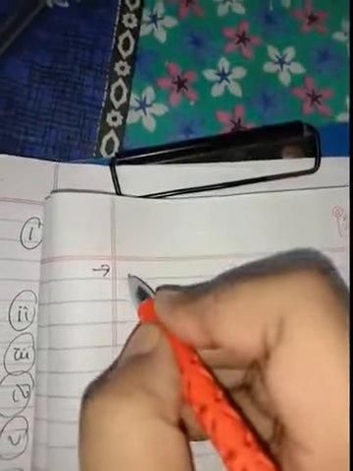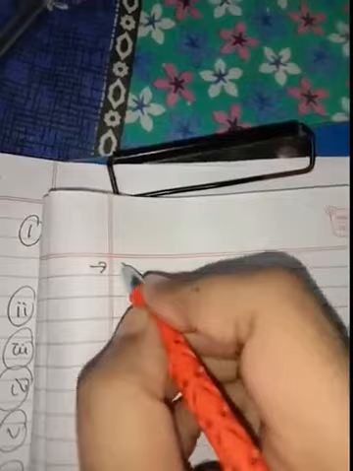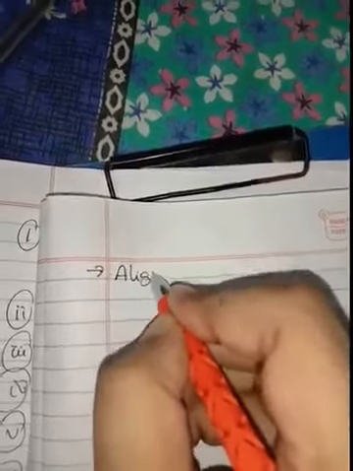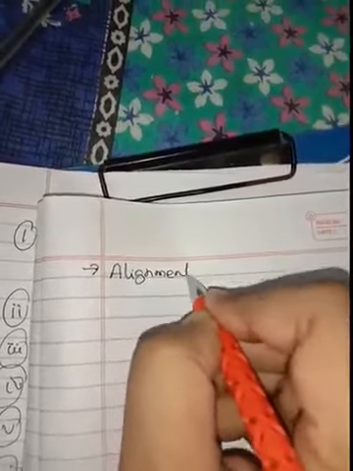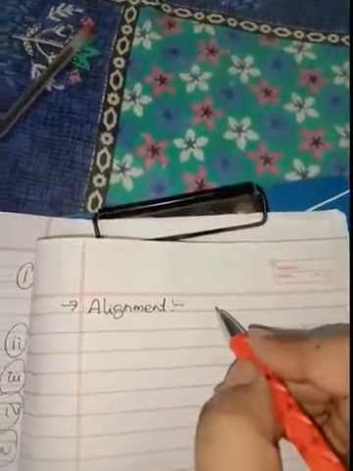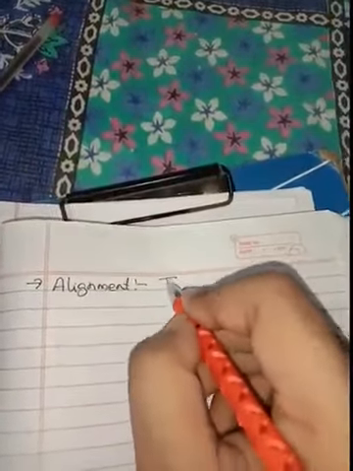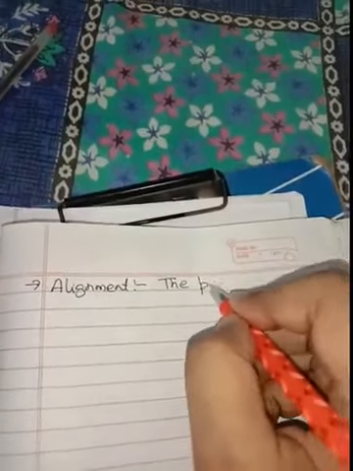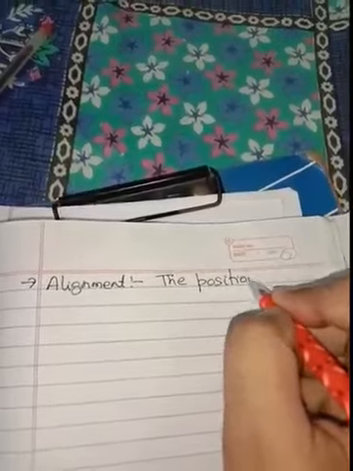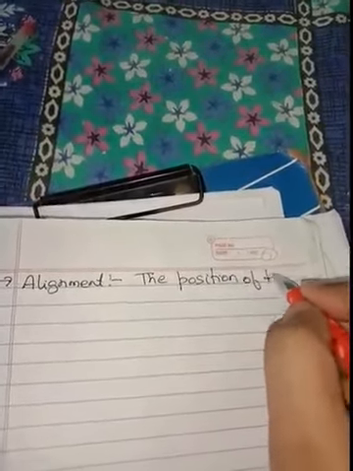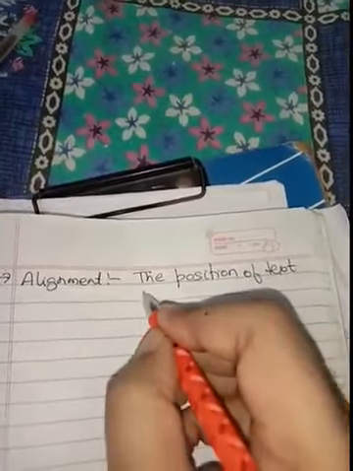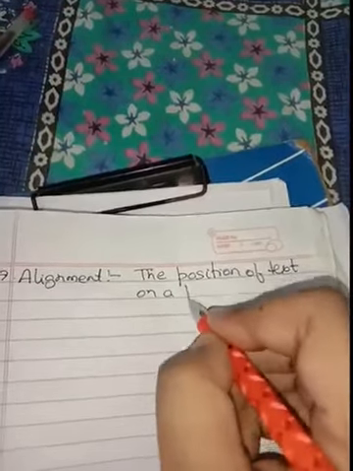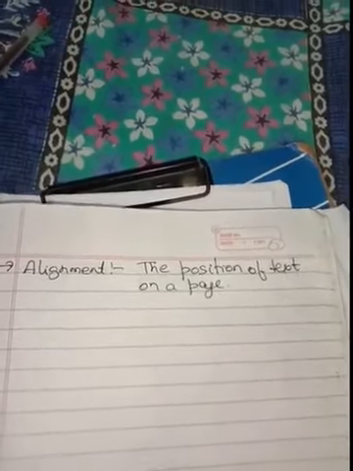Next topic that we have discussed is alignment. What is the meaning of alignment? The position of text on a page is known as alignment.